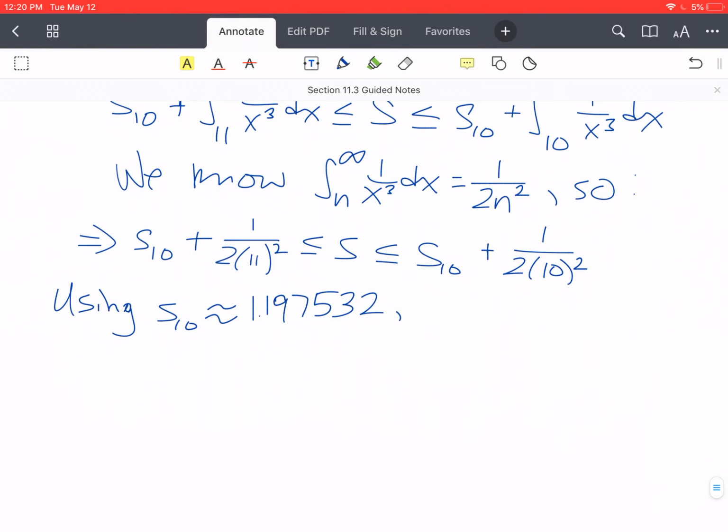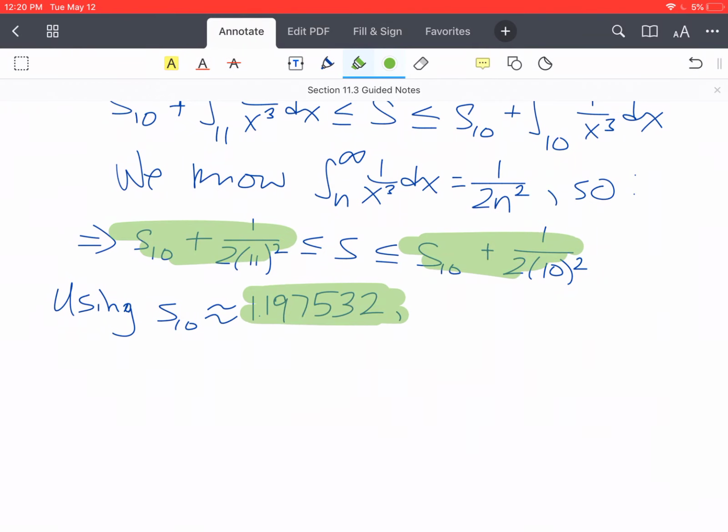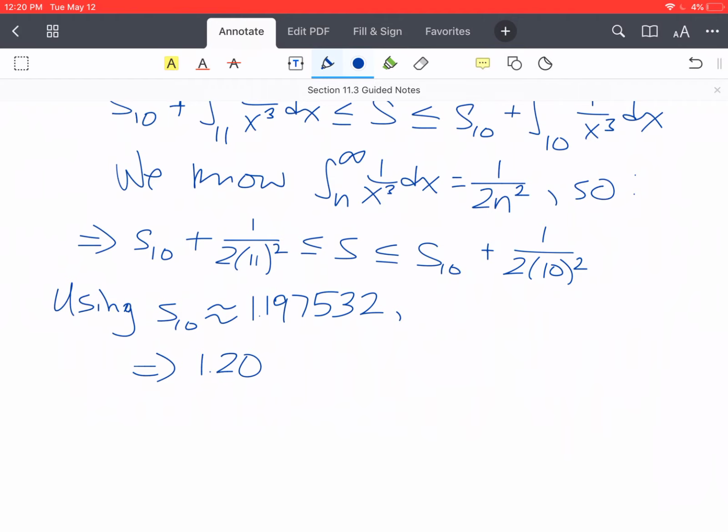So if we add this value onto this side and to this side, and then obviously solve those fractions as well, this is going to give us a bounding. So on the lower bound we have 1.201664 is less than or equal to s, which is less than or equal to the upper bound of 1.202532.